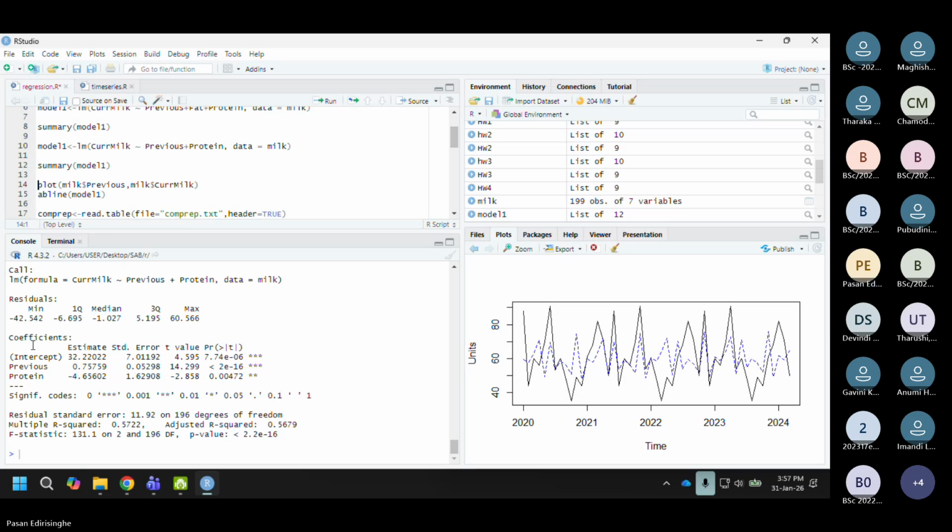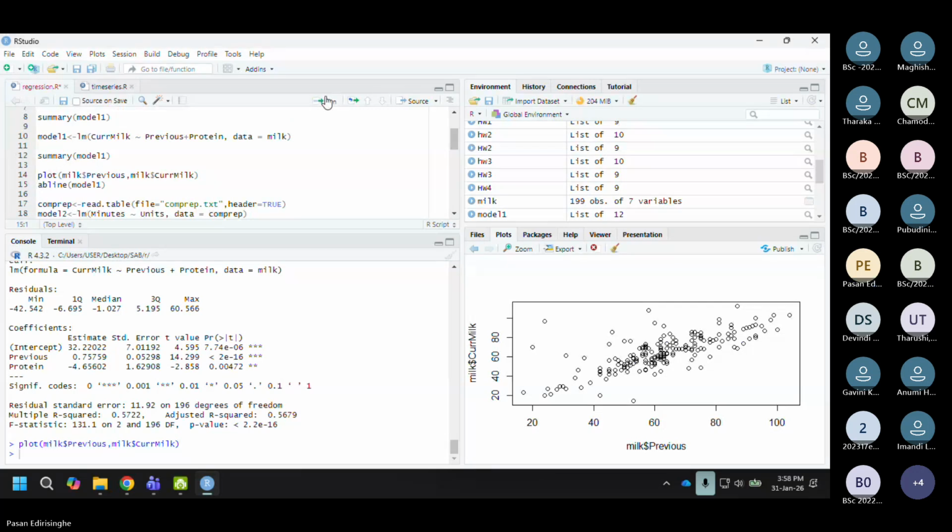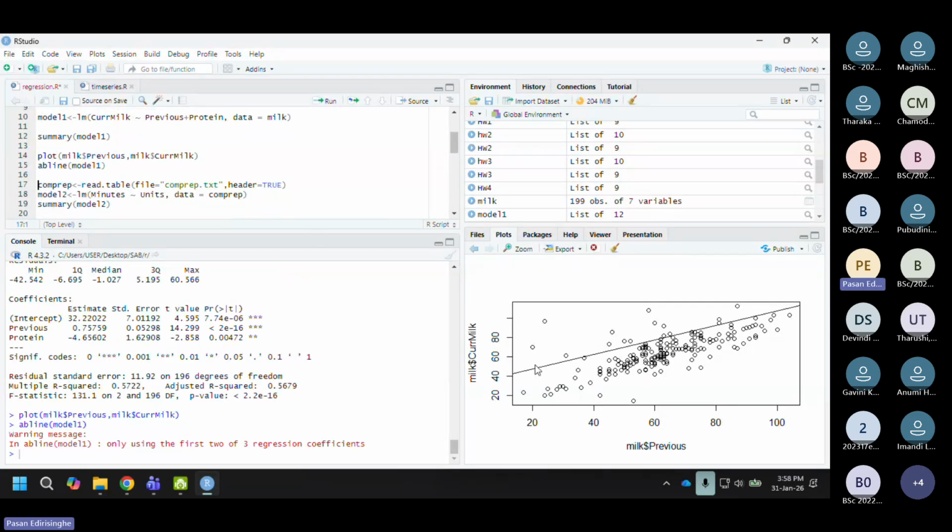So that's the kind of ideas you can have. And then of course, if we do some plotting here, if we look at the plot of the two variables, previous and milk, you can see some kind of increasing trend there as well, right?